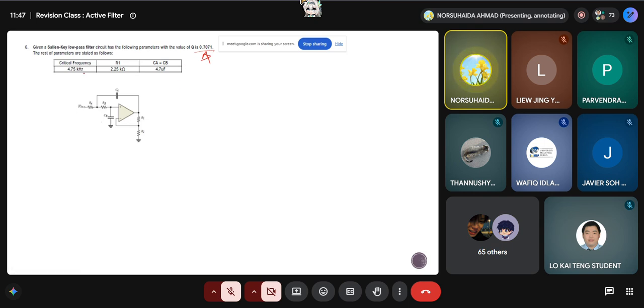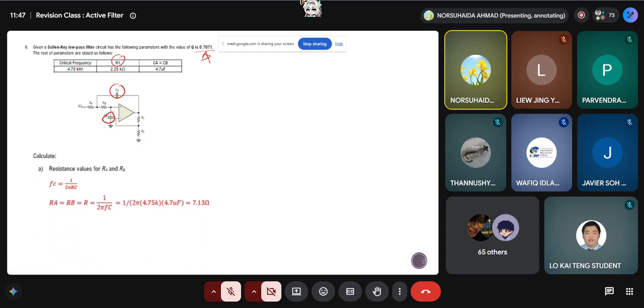The other parameters are the critical frequency 4.75 kilohertz, R1 2.25 kilo ohm, CA equal to CB, with the value of 4.7 microfarad.